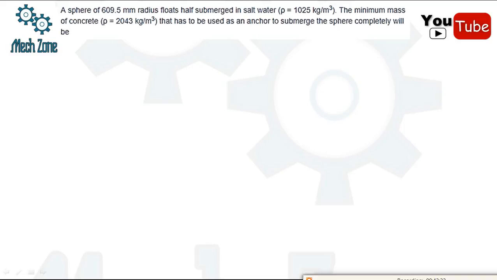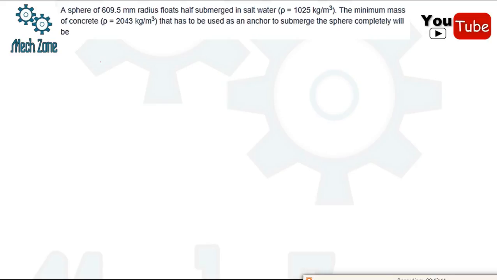We have been given a sphere of 609.5 mm radius that floats half submerged in salt water. The minimum mass of concrete that has to be used as an anchor to submerge the sphere completely will be?